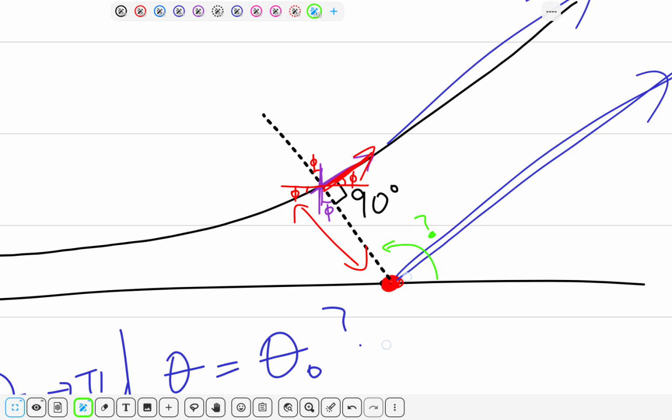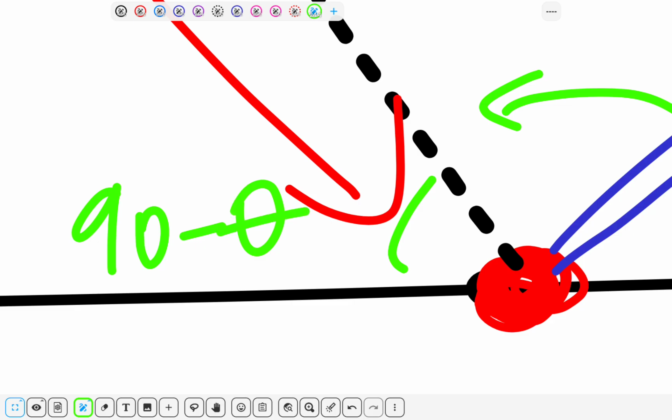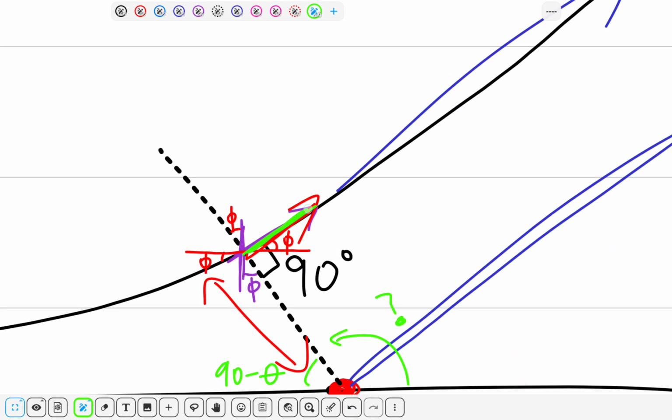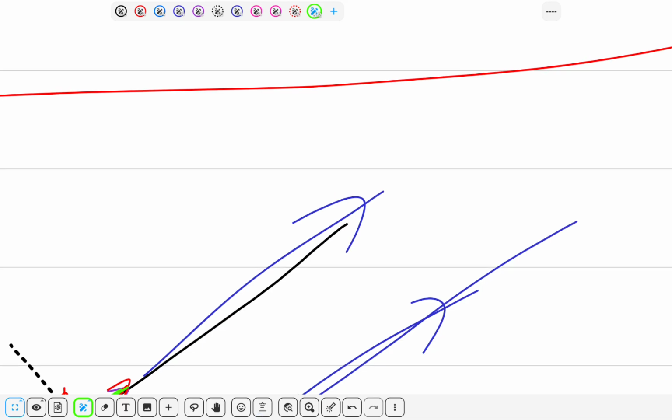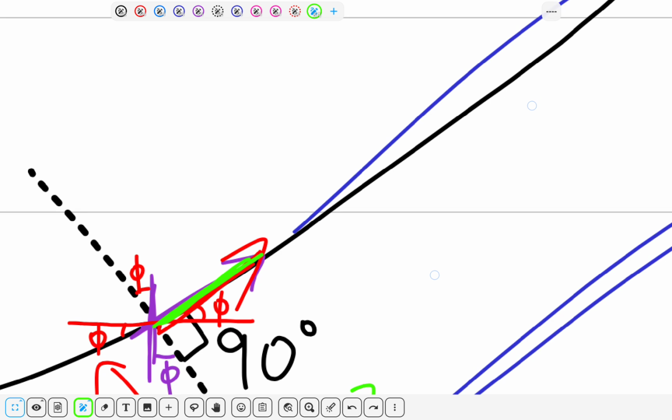So this is 90 minus 5. It is weird, whatever angle is being made here, at infinity the same angle will also be made. Very hard to visualize, but I guess that is what I'm getting.